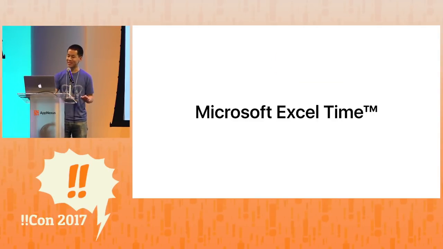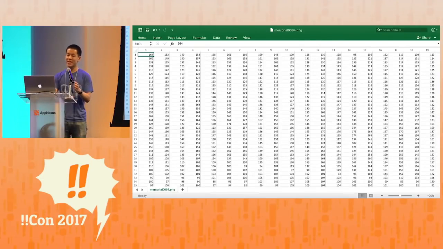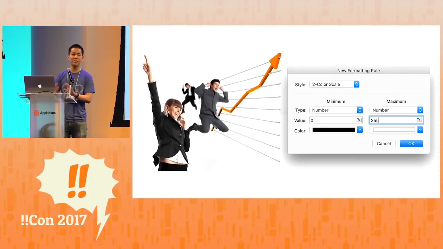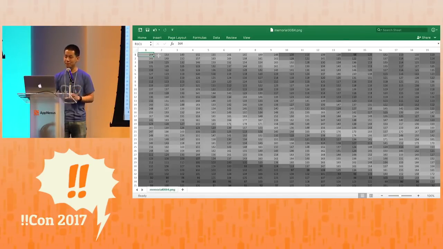Now it's Microsoft Excel time. So I put all my data into this spreadsheet. I made the images black and white, but you can't really tell what's going on here. It's just a bunch of numbers. But don't worry, because the business people have us covered. They have this thing called conditional formatting, where you give it one color for the bottom range, another color for the top range, and it fills in everything in between.